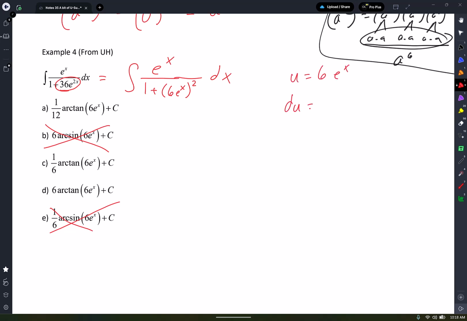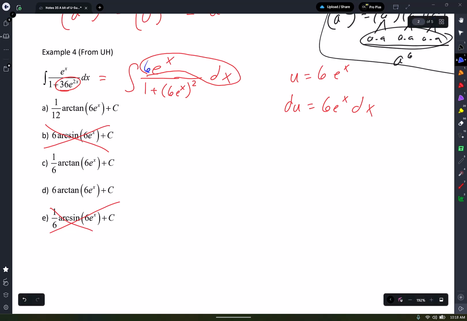So then you would either plug in a 6, and then on the outside it would be 1/6. Yes. So my u is going to be 6e to the x. So here's what Cruz was trying to say. If you make u equals 6e to the x, my du is 6e to the x dx. And look what happens, guys. There it is. There's my e to the x dx. All I'm missing in the top is a what?